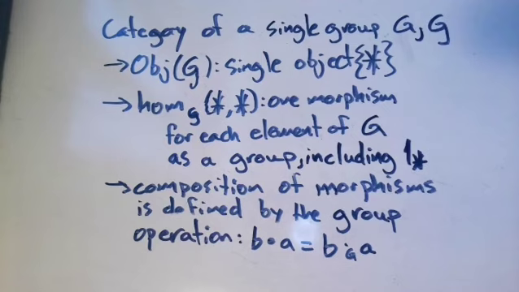So we assign for each element in G one morphism going from star to star in curly G. Then we can use the composition of morphisms to talk about the group operation. That is, B after A, when viewed as morphisms, will give the same result as B dot A when applied as a group operation.